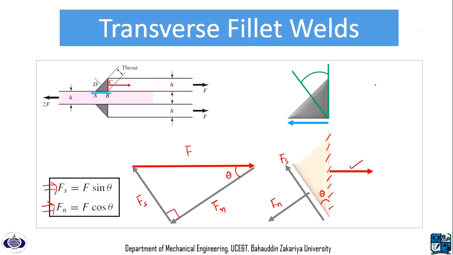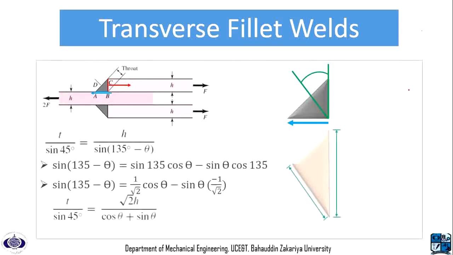And next we are trying to find the relationship between T and H. To find that relationship, we firstly need to know that this length is equal to the leg size, which is H, as can be seen from here, whereas this length is equal to T. And to find the relationship between T and H, we need to use the sine law.